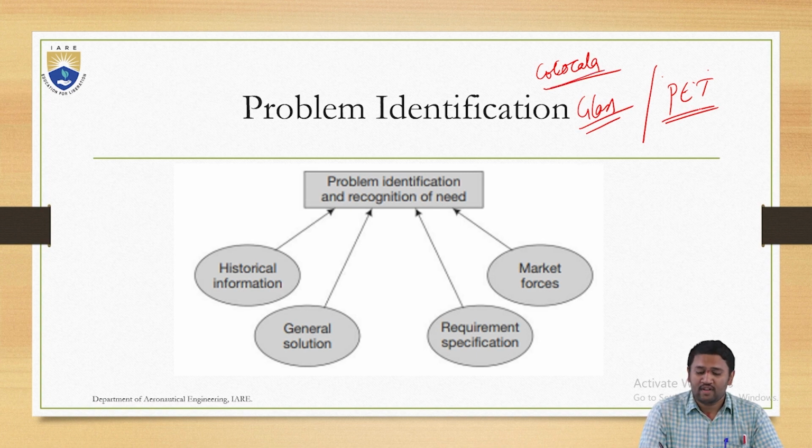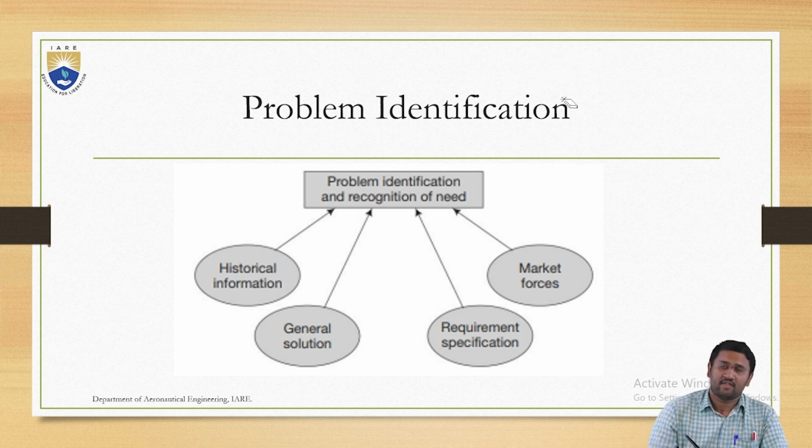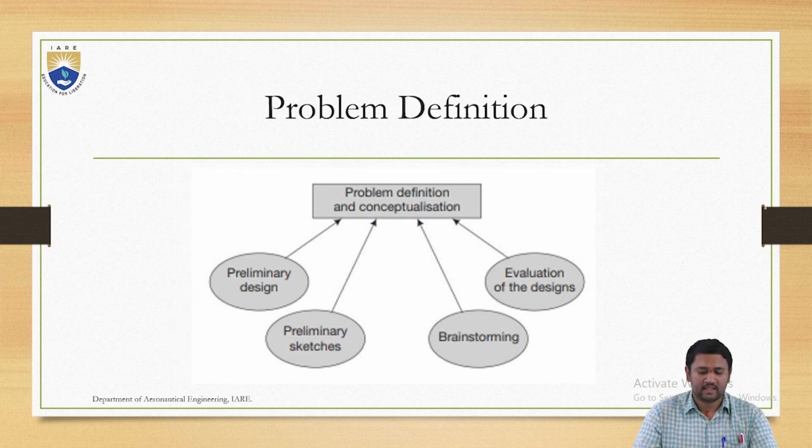How well the person will be able to carry a PET bottle for using a drink. In a similar way, all these things go into your problem identification and need.